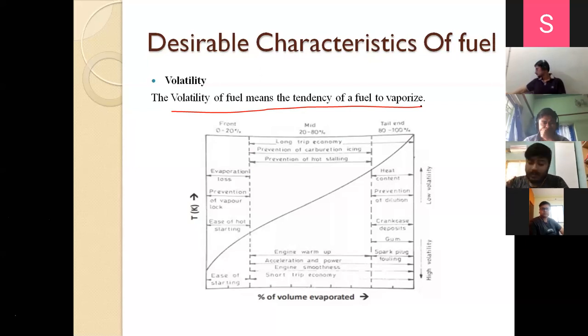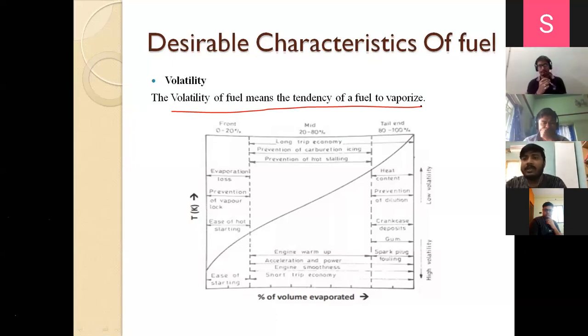So, what do we need actually in an IC engine? We need a mixture of air and fuel. It may be homogeneous, it may be heterogeneous, and this mixture should be in the vapor form. If it is in vapor form, the mixture is homogeneous.